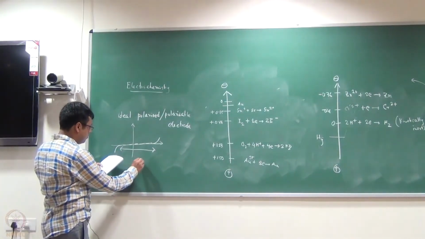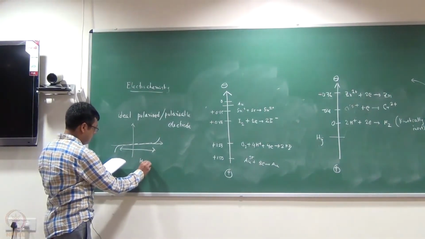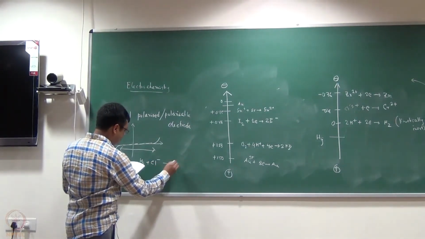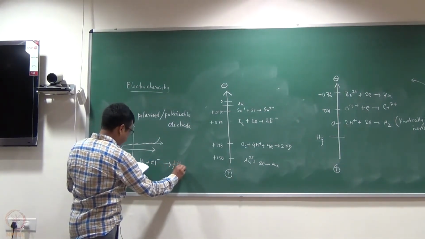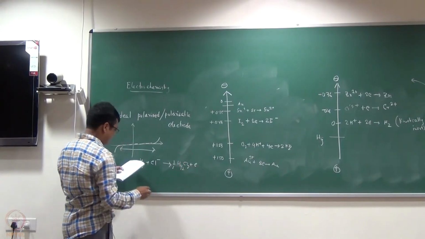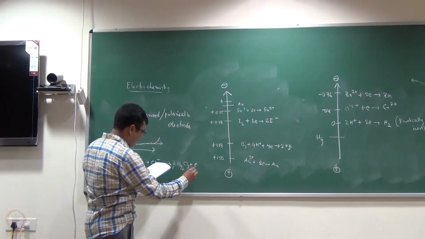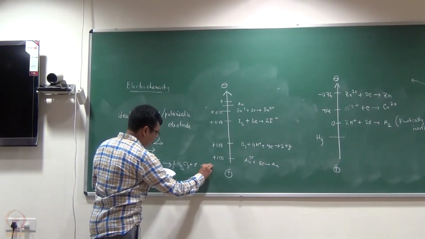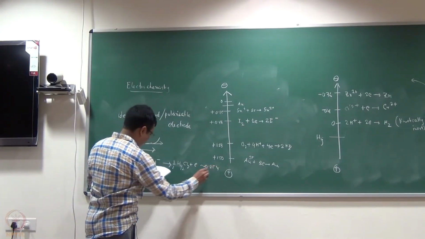Like if I have mercury plus chloride, again you don't need to remember all these things, Hg2Cl2 plus electron. If I take the mercury electrode, it will show around 0.25 volt.